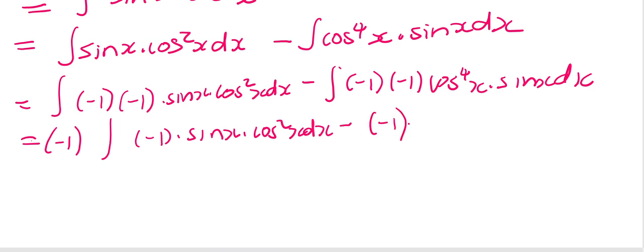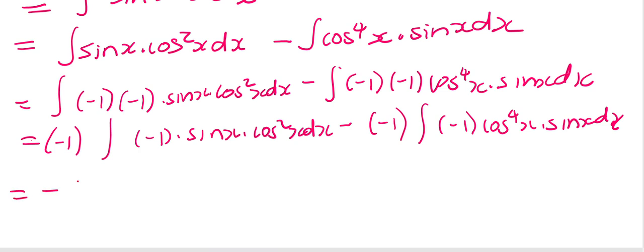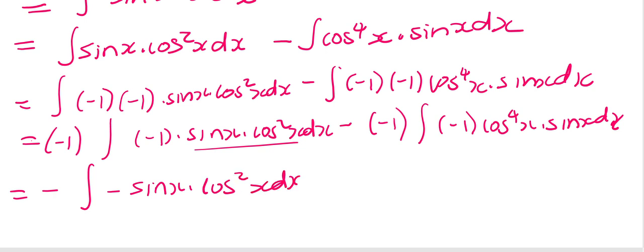So it's -1 times the integral of -1 cos to the power of 4x times sine of x dx. So this becomes negative sine of x times cos squared x dx. This negative here times this negative becomes positive.